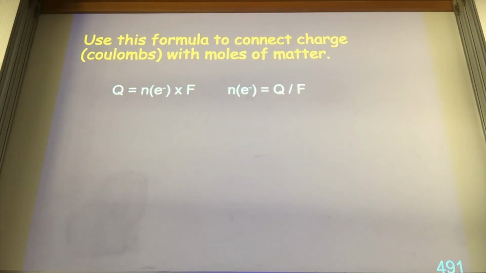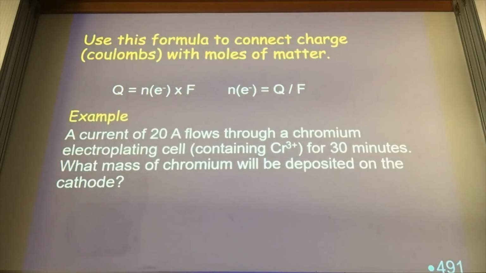So we can work out Q using our basic electricity formulas and use Faraday's law to convert it into moles of electrons. Once we've got moles of electrons, then we can do our normal stoichiometry stuff to work out amounts of chemicals.